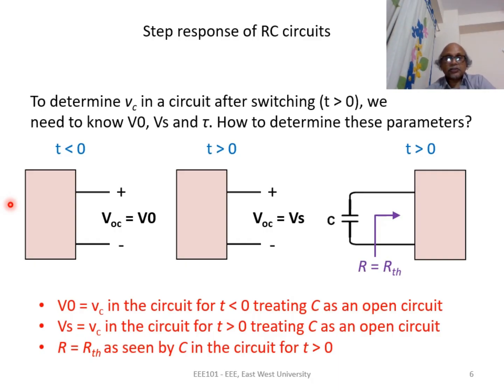To solve step response of RC circuits, we will need to apply all these 3 steps. Remember that the first step and the third step are the same for source-free RC circuits as well.